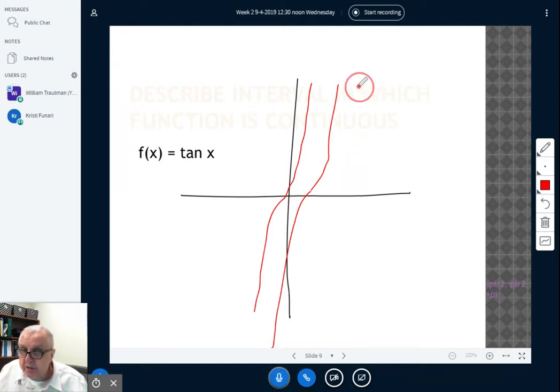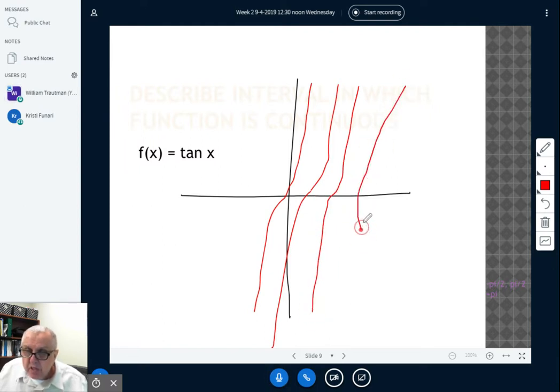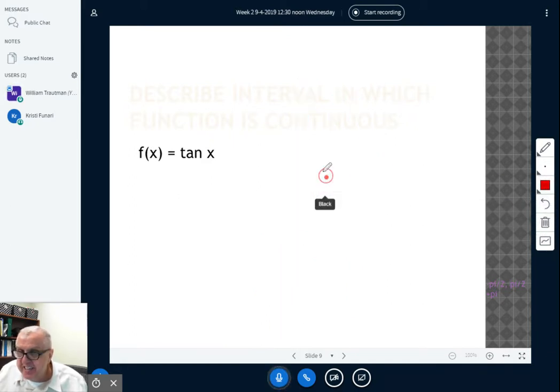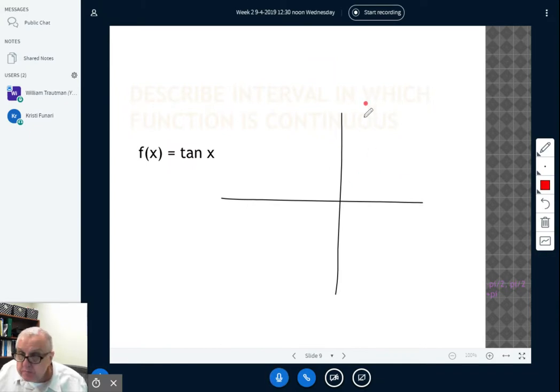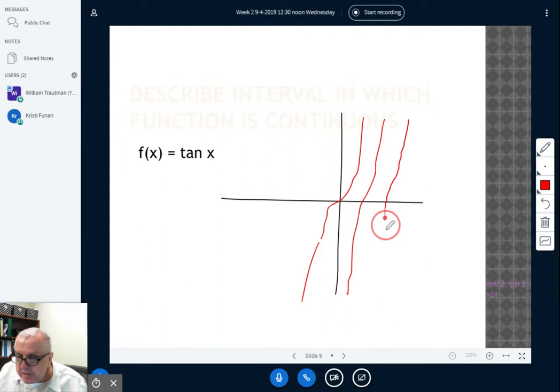That's really bad, but it looks more like this, and then it turned down, coming over. If you look at this function on a calculator, I really drew it bad. I'm going to try to get better. Let's try this one, coming down.